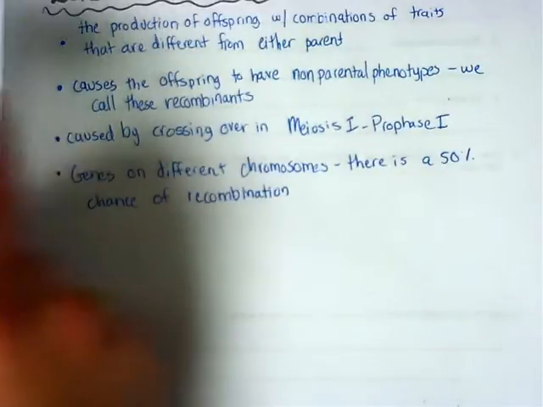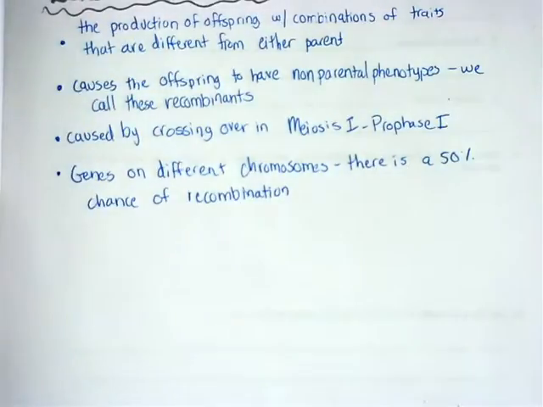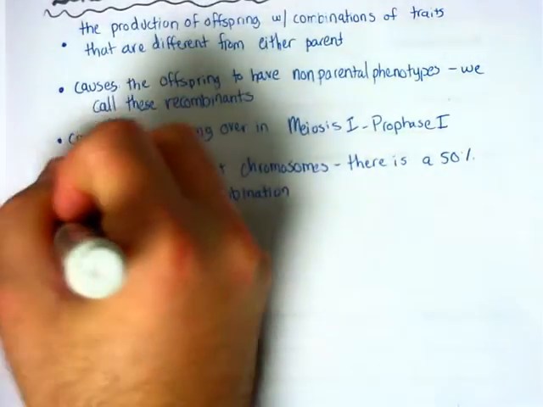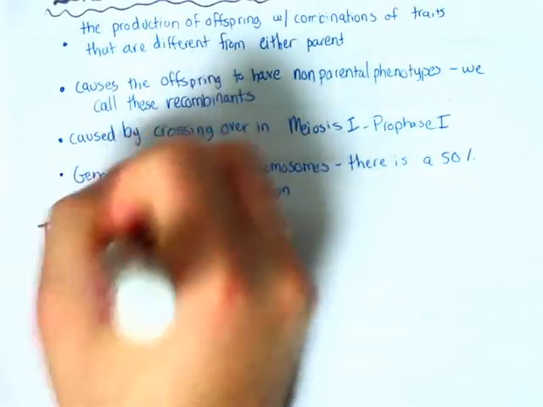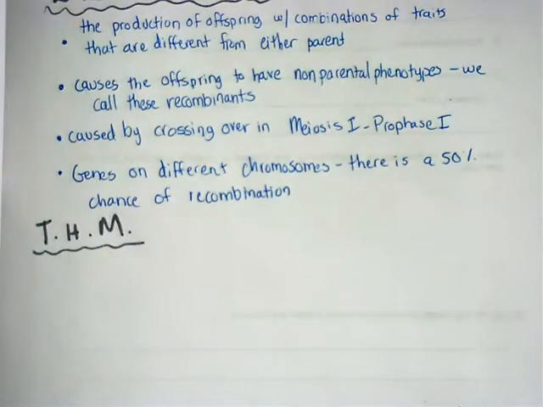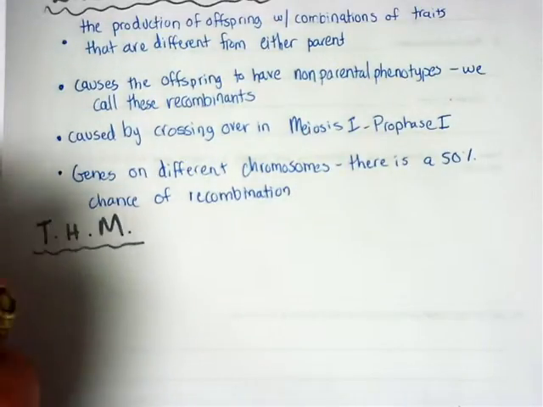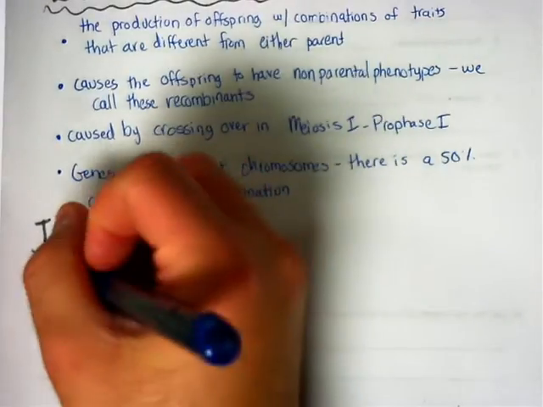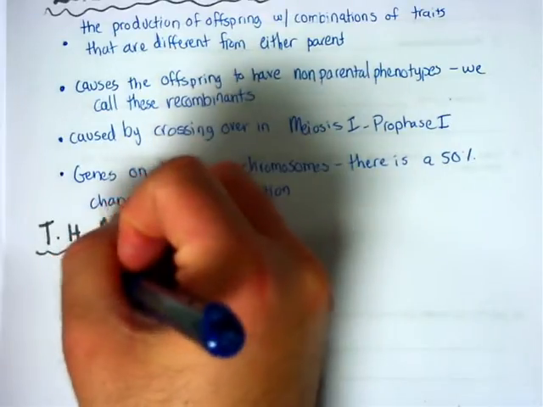Now along the way, we continue the work of THM. Do you know who that is? Thomas Hunt Morgan. Very good. And what he discovered is that some genes are linked.